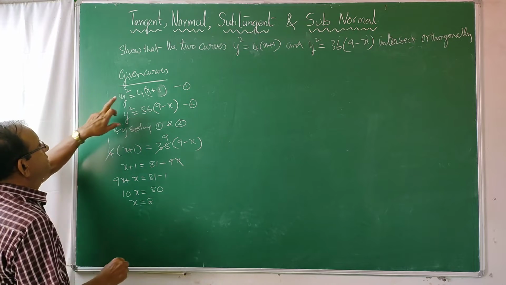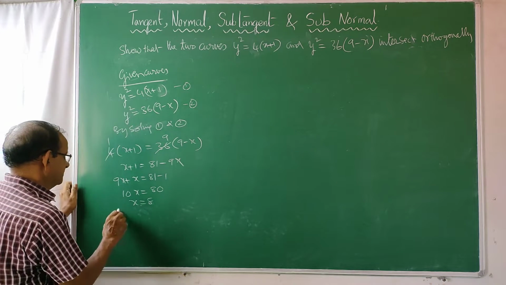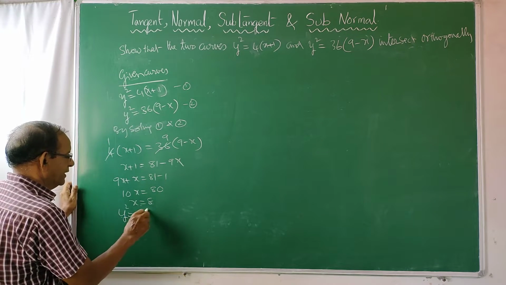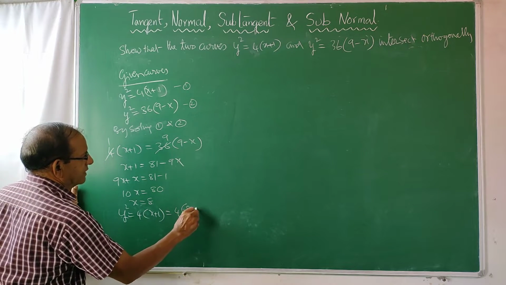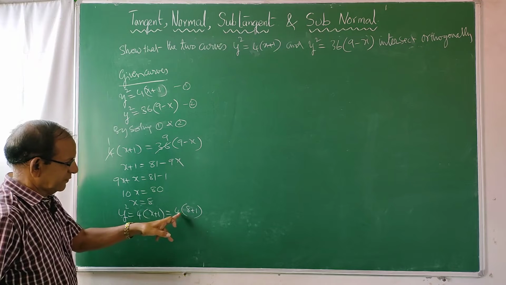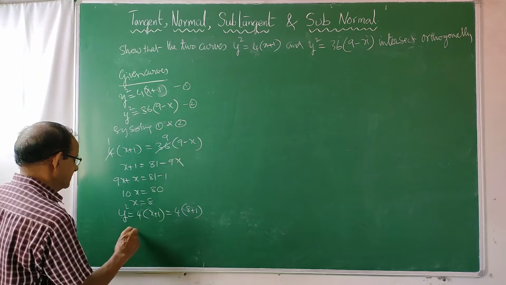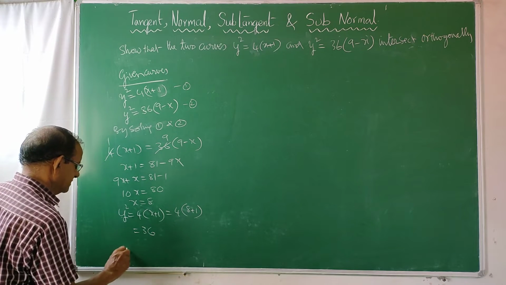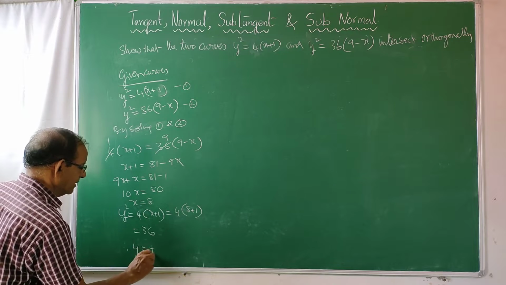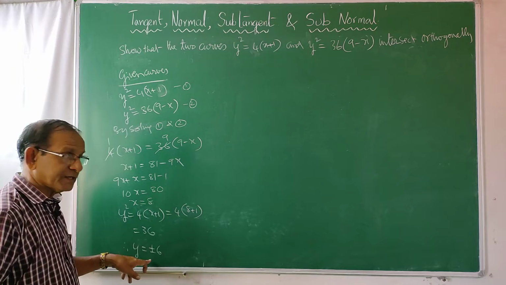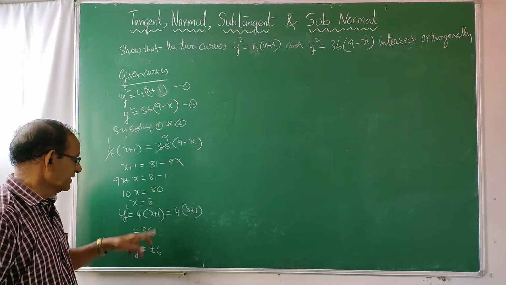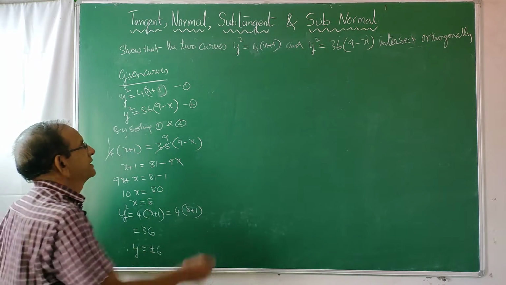What about y? Y square is 4 into x plus 1. That is 4 into 8 plus 1. That is 4 into 9, 36. So y is equal to plus or minus 6. X value is same, but y values are different. 8, 6 is one point. 8, minus 6 is another point.